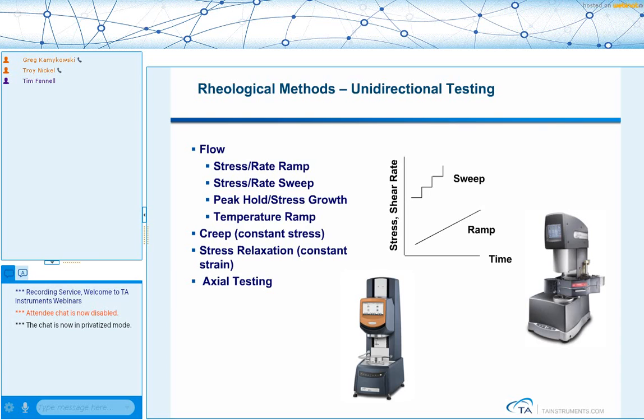Now, the graph here shows the difference between a ramp and a sweep. So if we plot, let's say, the shear rate versus time, with a ramp, it's always increasing in either a linear fashion or an exponential fashion. We can do that as a stress ramp as well.